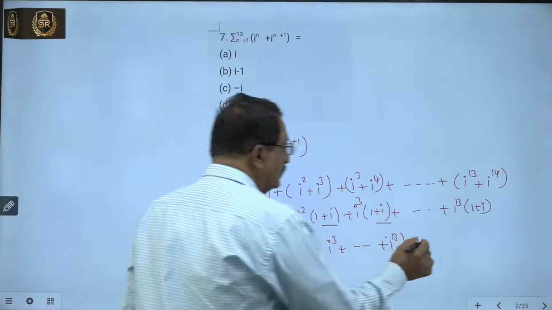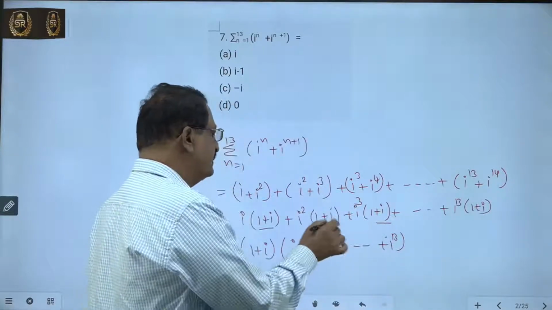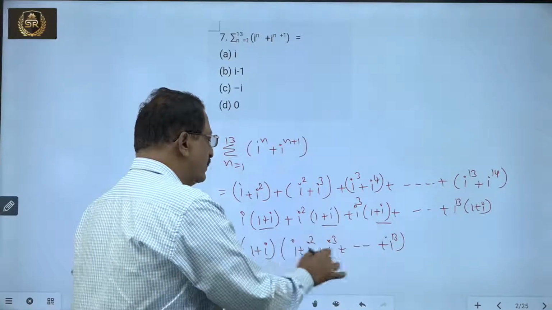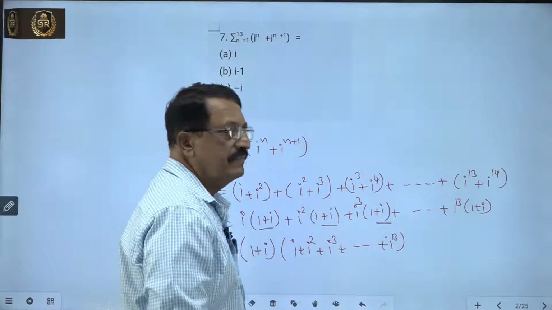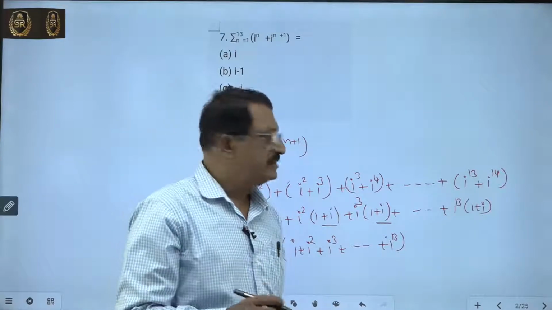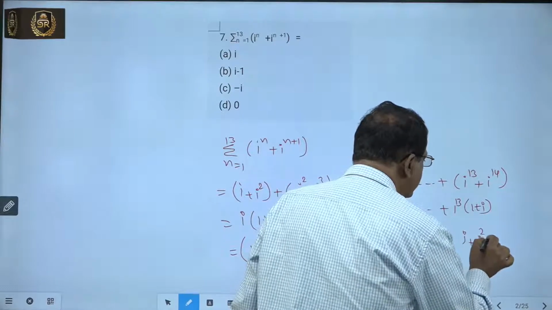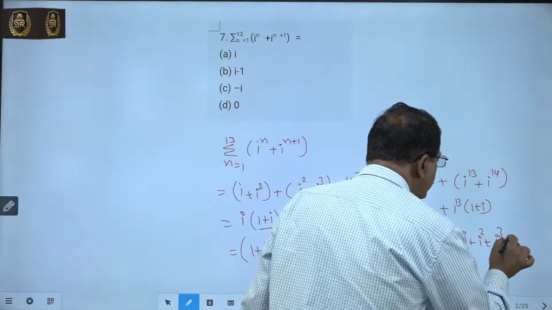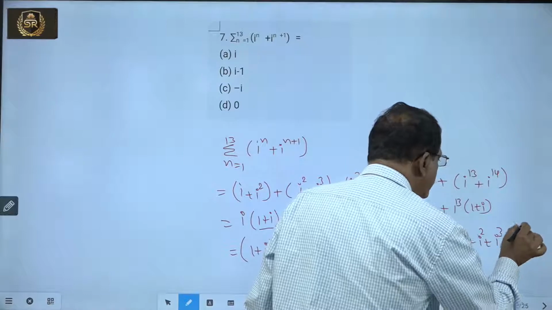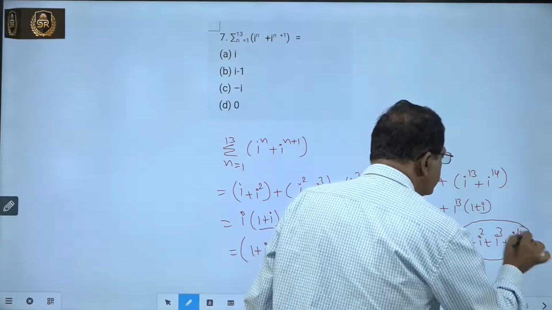But in i plus i squared plus i cubed plus i to the power of 4, the first 4 terms equal 0. This value equals 0.